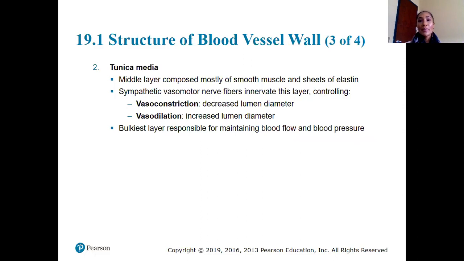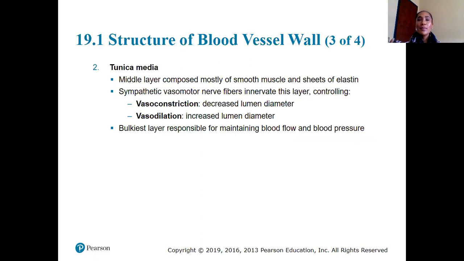We say that a blood vessel that has a decreased lumen is experiencing vasoconstriction, and then a blood vessel that has an increased lumen is going to experience vasodilation. The tunica media is going to be the bulkiest layer responsible for maintaining blood flow and blood pressure.